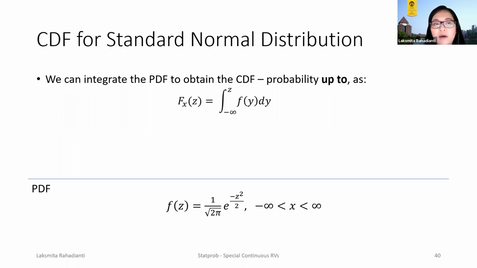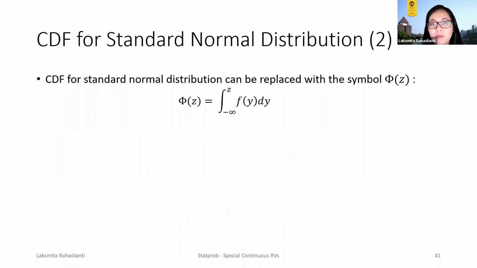Since we're talking about the standard normal distribution, which is a standard, people made it on purpose in order to make our computations a lot simpler. The probability up to, the CDF for the standard normal distribution, is also replaced with a special symbol.